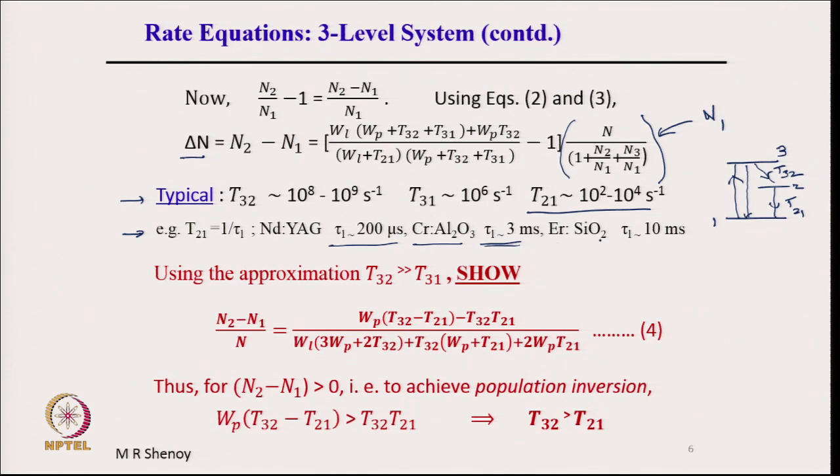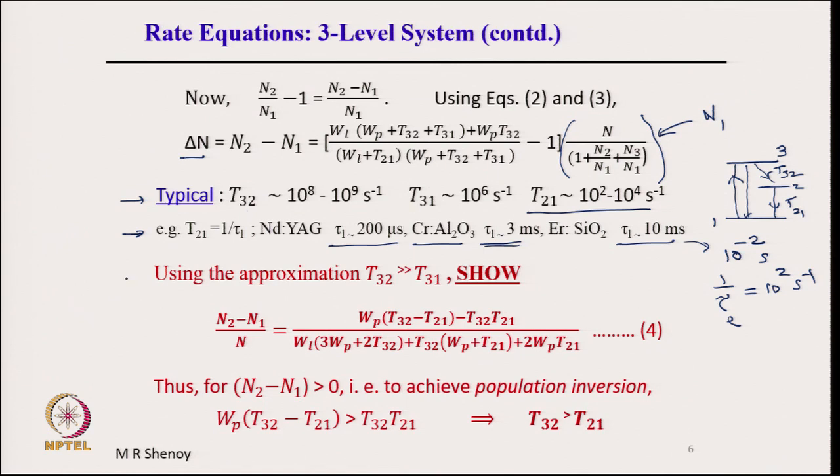In the case of erbium doped silica optical fiber amplifiers, which we will see later, the lifetime tau L of level 2 is of the order of 10 milliseconds. 10 milliseconds is 10 to the power of minus 2 seconds, and therefore, 1 by tau L is equal to 10 to the power of 2 per second. So, that is what we have written here. T21 is of the order of 10 to the power of 2 to 10 to the power of 4 per second. The point to note is T21 is much smaller compared to T32 and T31.